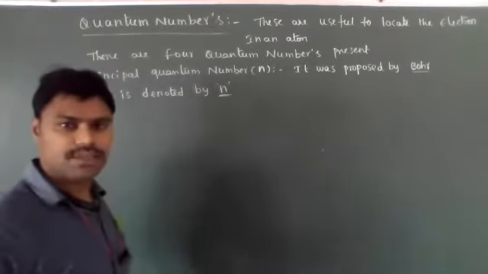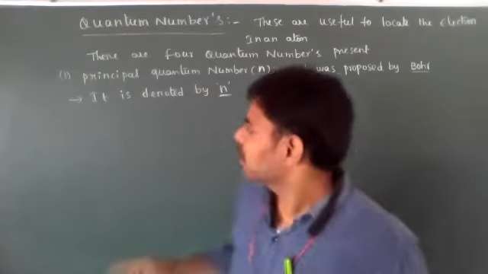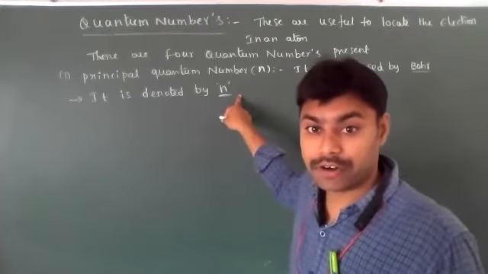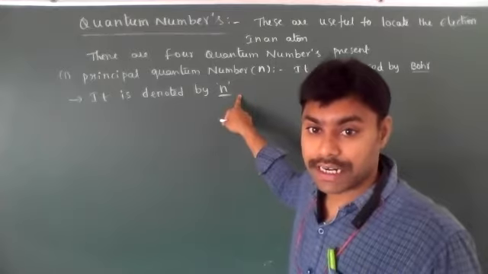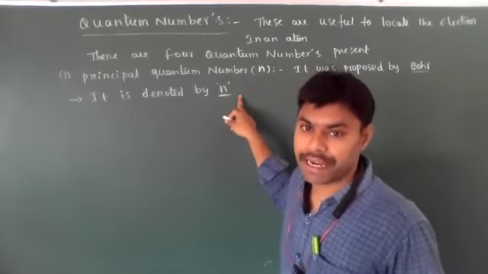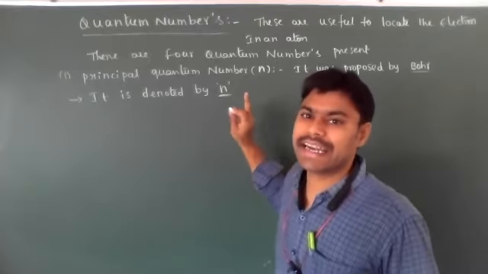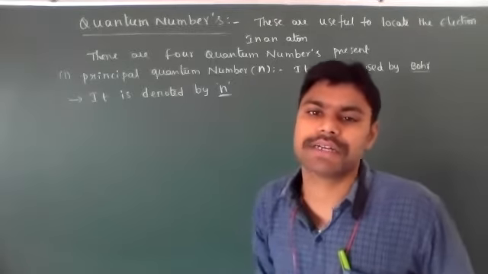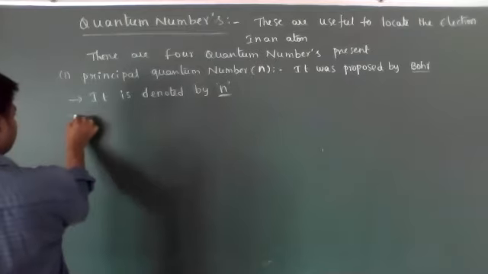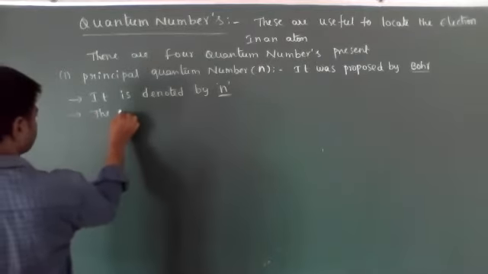Whenever small n is present, already we know that for writing the general electronic configurations, ns, np, what does n indicate? n indicates the principal quantum number.